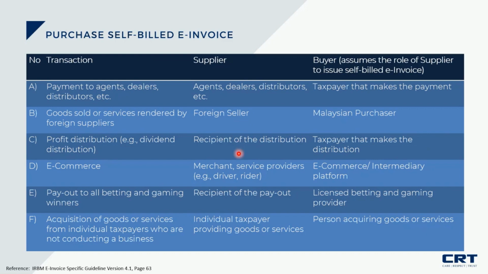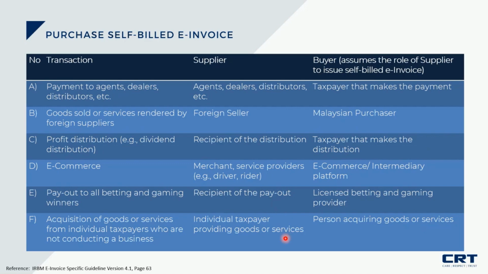If you have any dividend distribution to pay to the recipients, you will need to submit the e-invoice on behalf of them as well. If you have any e-commerce, you will need to submit on behalf of them as well. Next, something similar to the dividend, but for betting or gaming winners. You will need to submit on behalf of them as well.